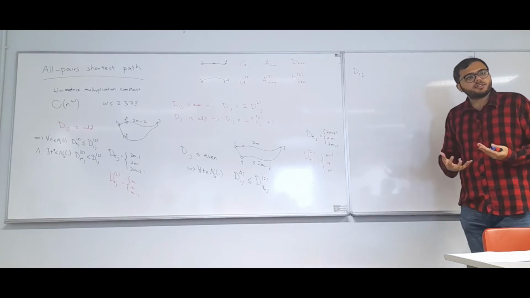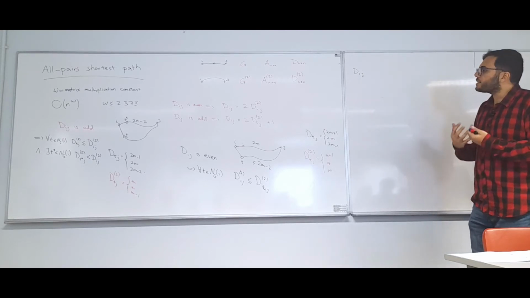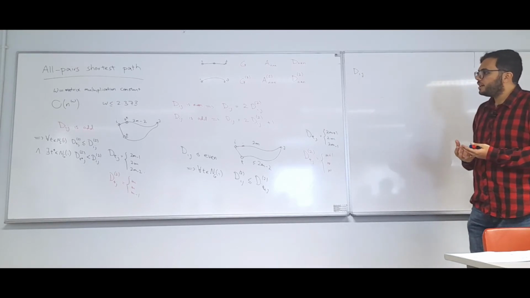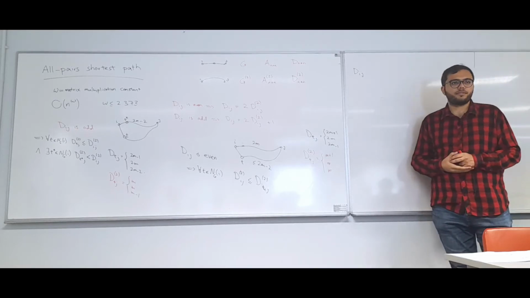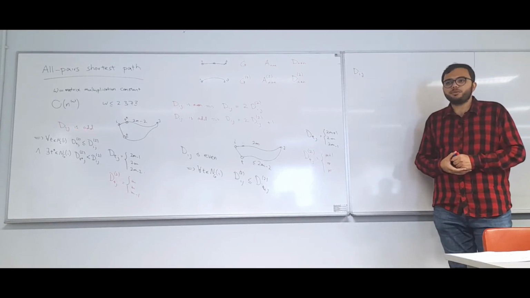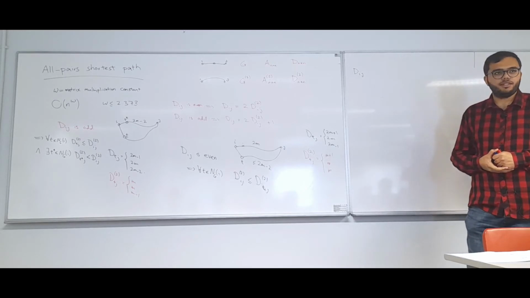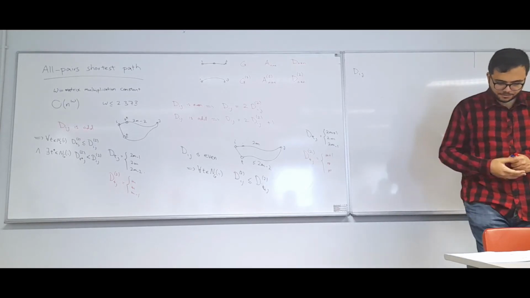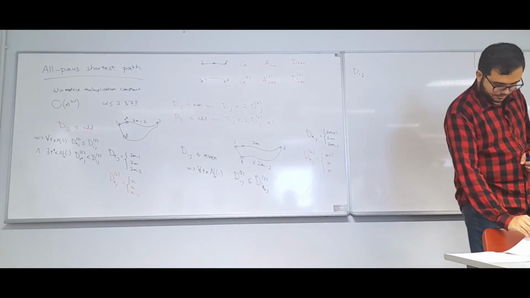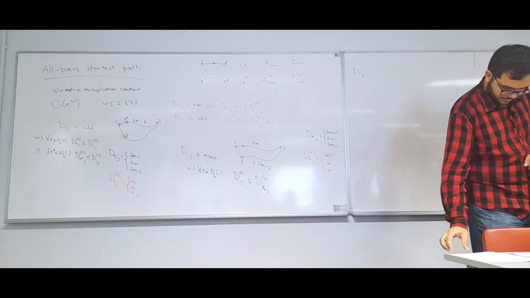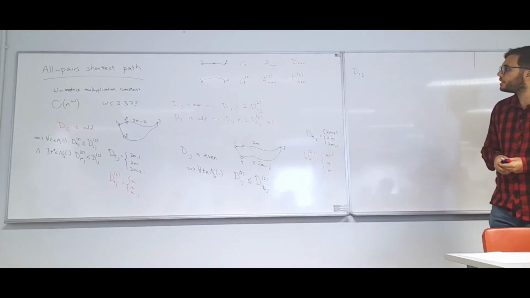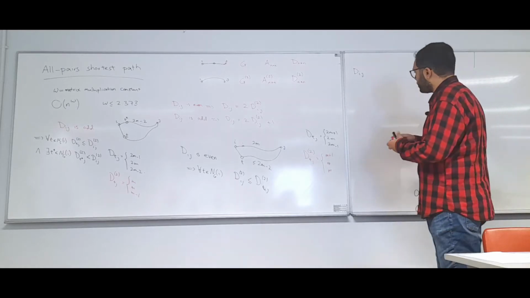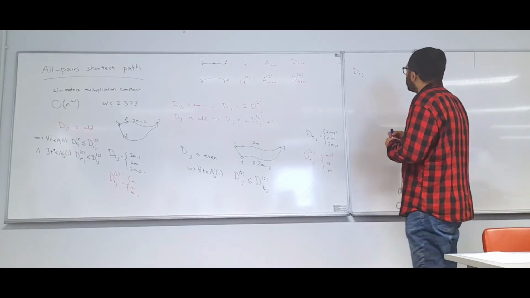But again, our technique is going to be the same. Can I somehow write this as a sort of matrix multiplication? Because I know that I can do matrix multiplication faster. Okay, so let's just write this.